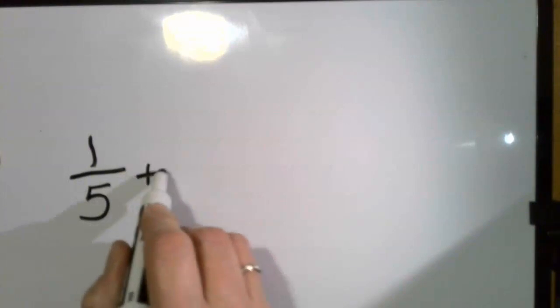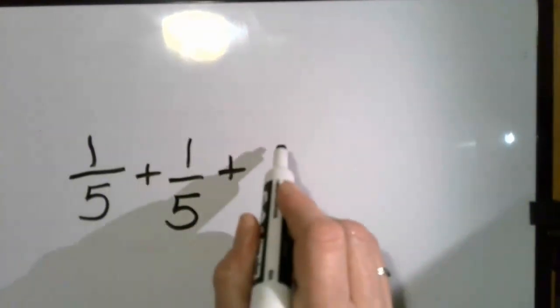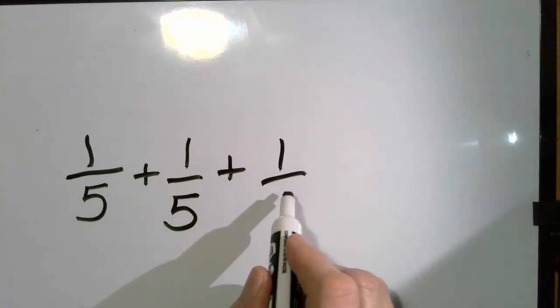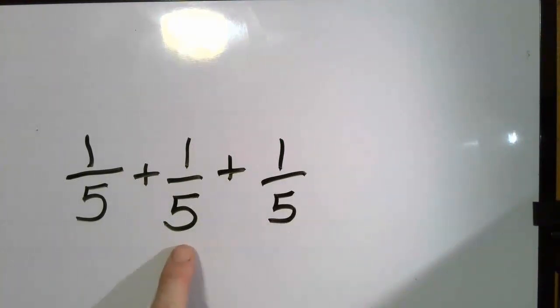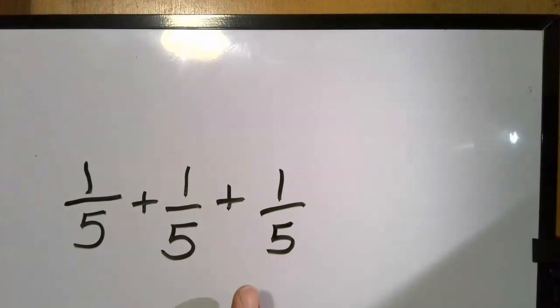Let's do another. So anytime a fraction has a 1 for the numerator, that fraction is called a unit fraction. So I have 3 unit fractions that show 1/5 each. So I could make a multiplication expression to go with this.